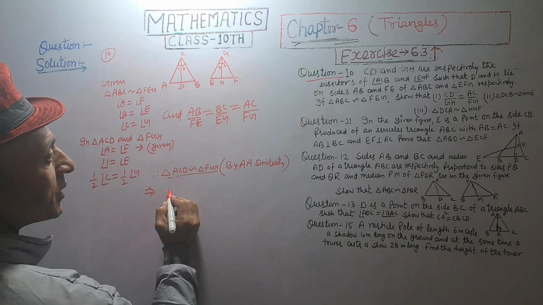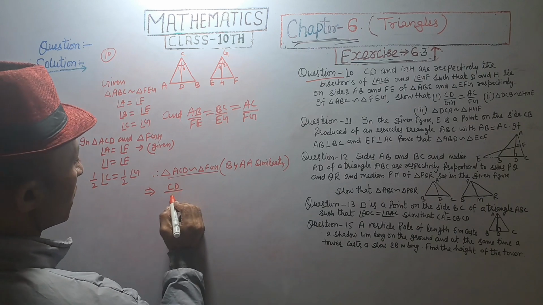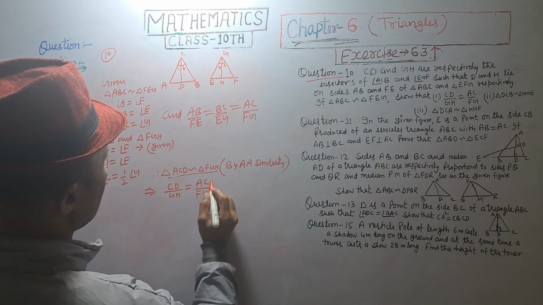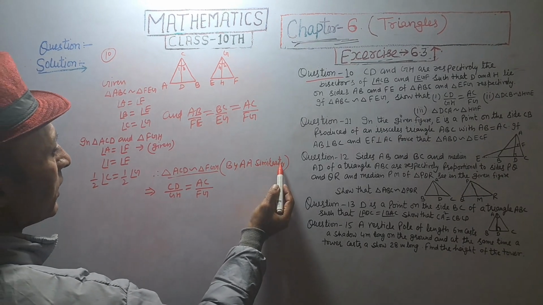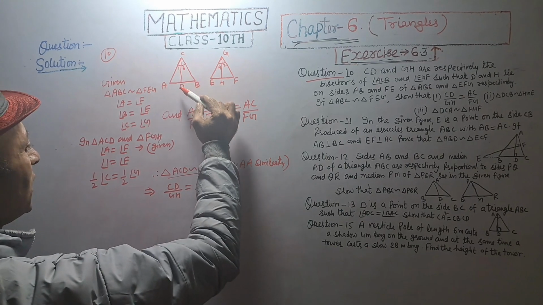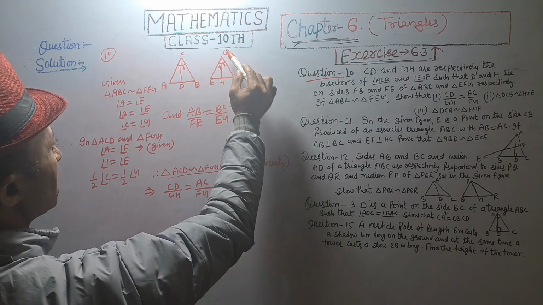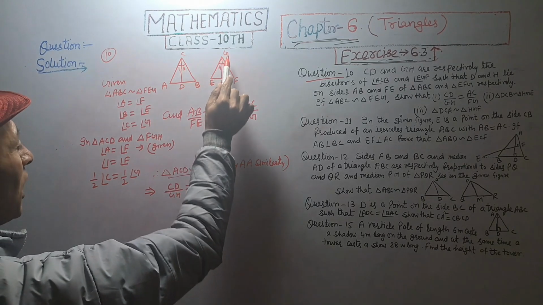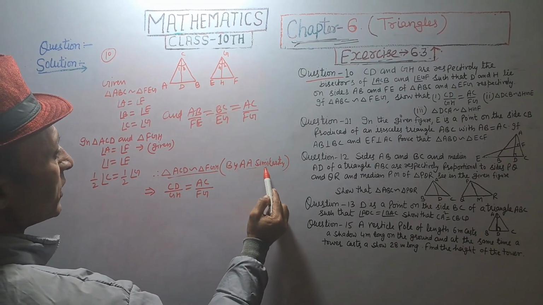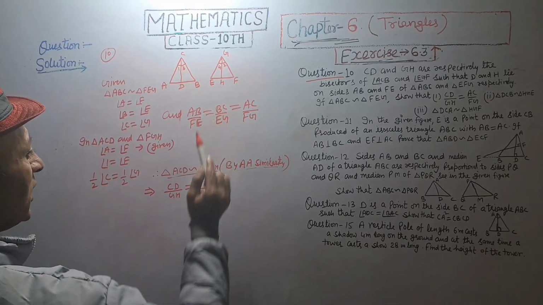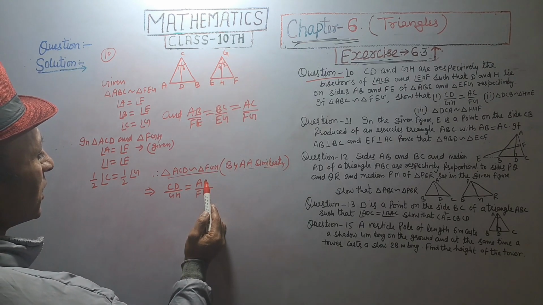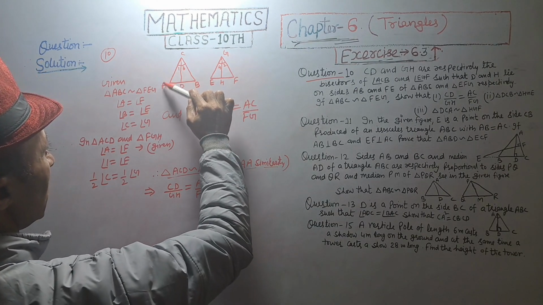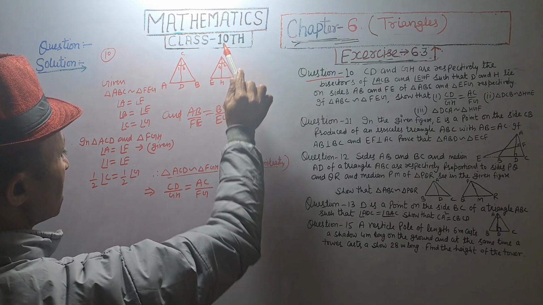This implies CD upon GH is equal to AC upon FG.